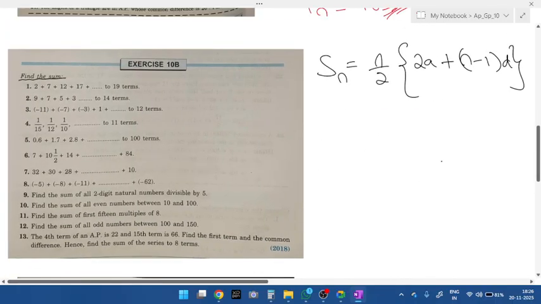Tell me, total how many terms are there? N value in this, what is n, students? 2, 7, 12 up to 19. N value is what? 19. Solve this question.